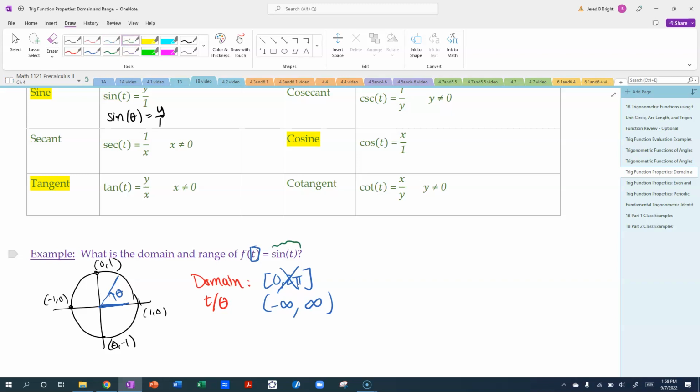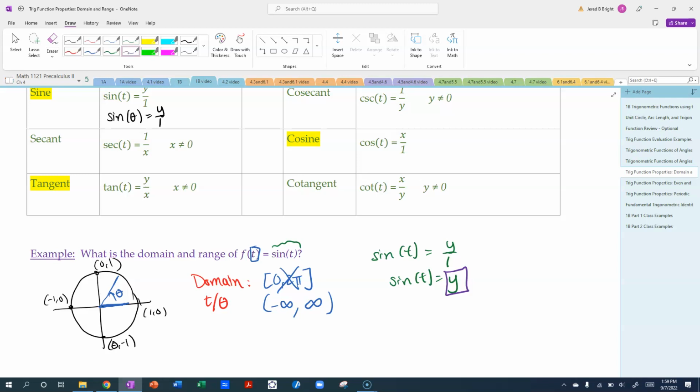Now I want to think about the output. We know the output for sine: sine of t is y over 1. 1 isn't going to change, so really we're just saying sine of t is y. So then I'm thinking, what are possible values for y when I'm on the unit circle?